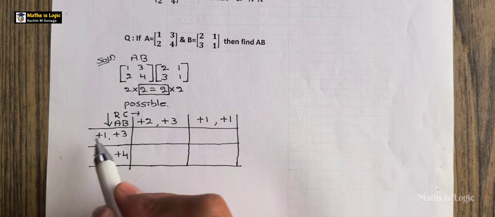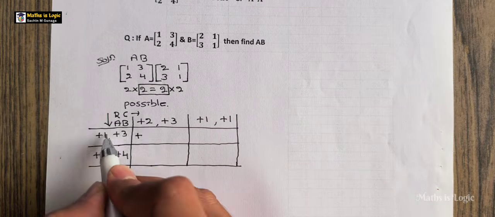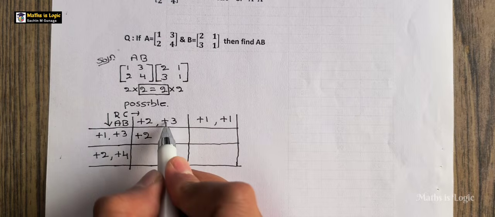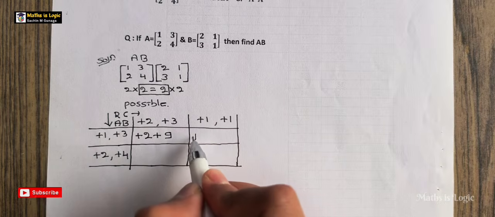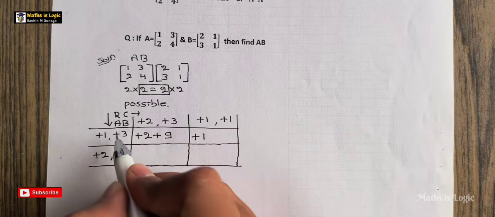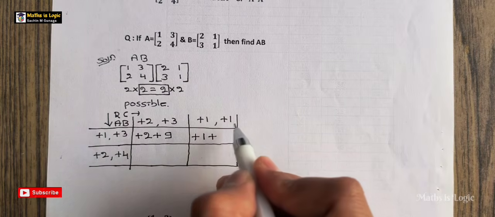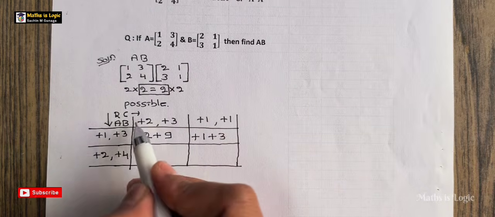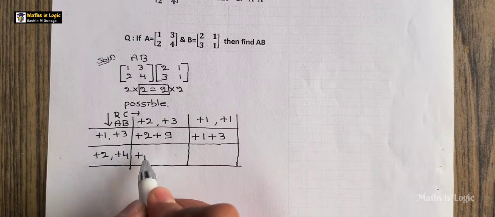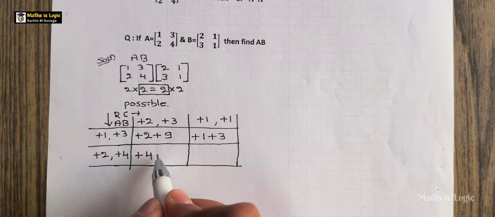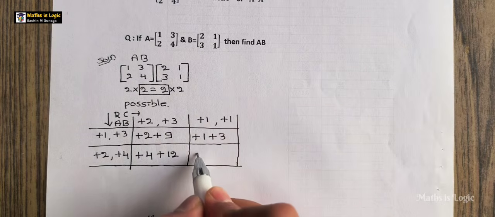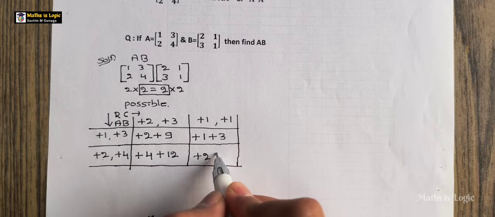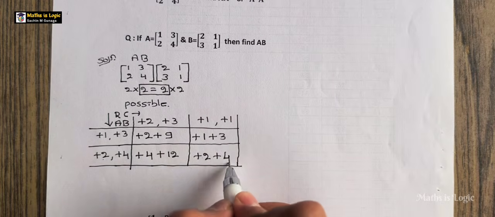Now do the multiplication. Plus into plus is plus, 1 into 2 2, plus into plus plus 3 into 3 9, plus into plus plus 1 into 1 1, plus into plus plus 3 into 1 3, plus into plus plus 2 into 2 4, plus into plus plus 4 into 3 12, plus into plus plus 2 into 1 2, plus into plus plus 4 into 1 4.